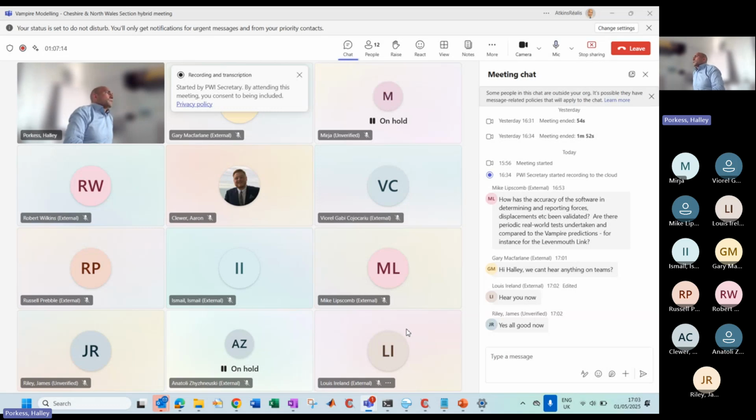Sometimes a vehicle manufacturer might not have the resource to do it themselves, so they might ask us to help them out with Vampire modelling. We've got networks, infrastructure maintainers, and operators. Any problems with vehicle-track interaction, we can get involved and use Vampire to help them.